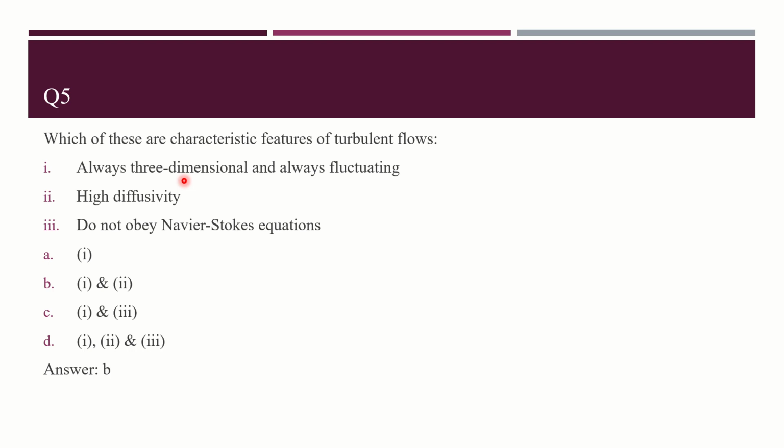And the second one, high diffusivity. This is also true, because if you imagine turbulent flow systems, things would be moving randomly with fluctuations and variations, and because of that high diffusivity can be observed.